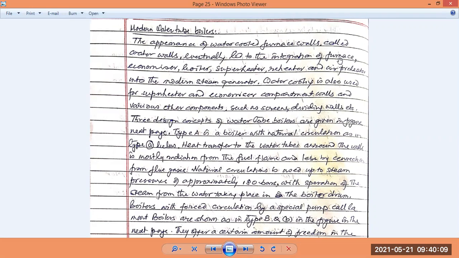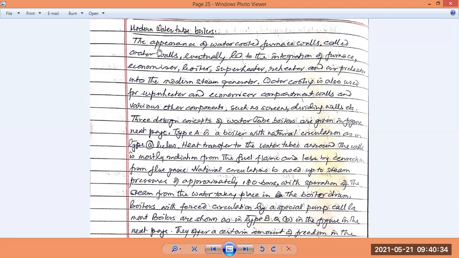In this chapter, you have to know the salient features of the boiler itself. Now we are dealing with water tube boilers, not flue tube boilers, where water is delivered through tubes and is surrounded by the hot flue gases, which transfer heat from the gas to the water itself.